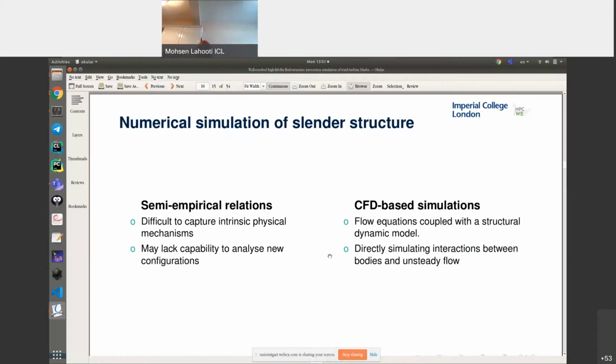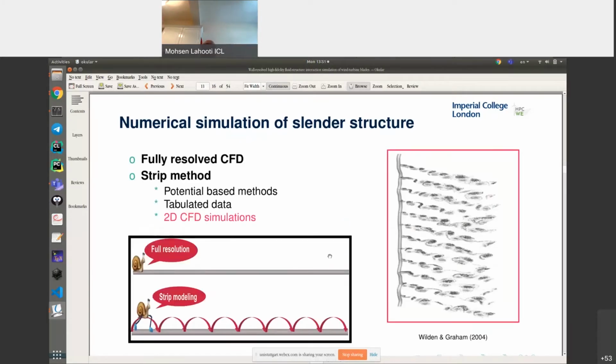For CFD-based simulation, we can have two basic approaches. The fully resolved CFD approach requires very expensive simulation and is rather slow, and for the wind turbine application that I'm interested in, it's safe to say that it's impractical for engineering design.